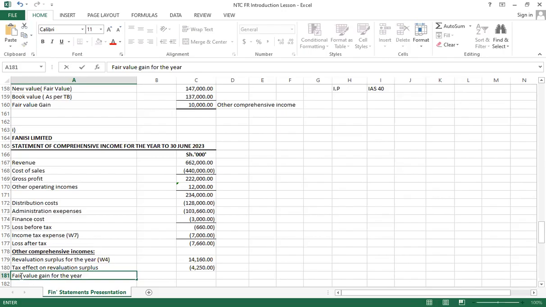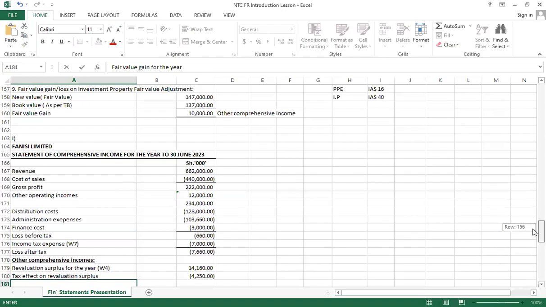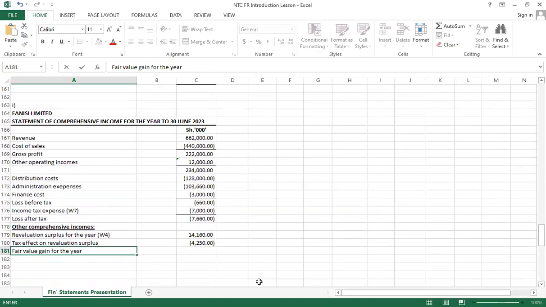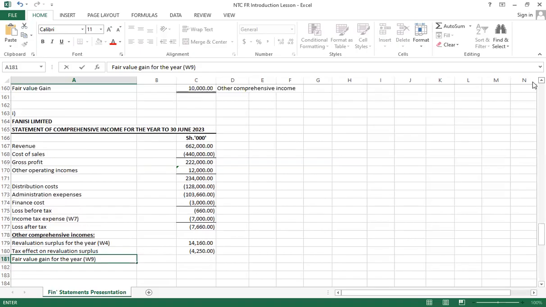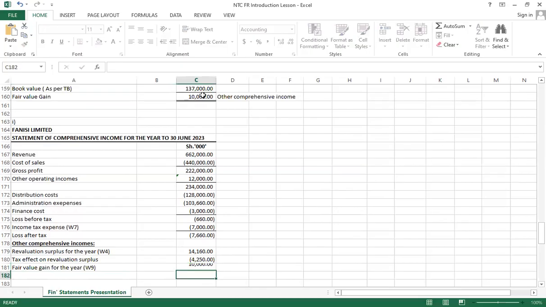Now this one was the last working, so working number 9. That was a figure of how much? So we computed this 10,000. Yeah, we computed the 10,000.